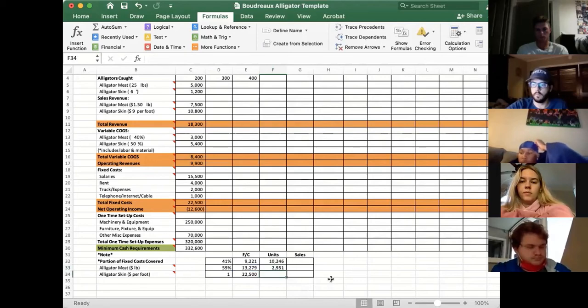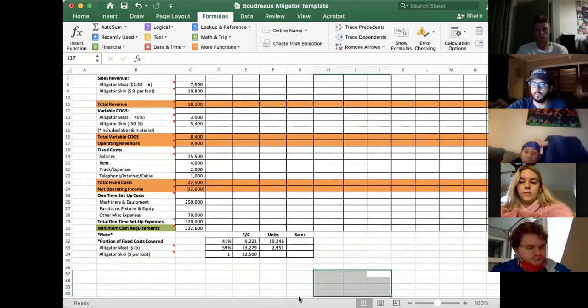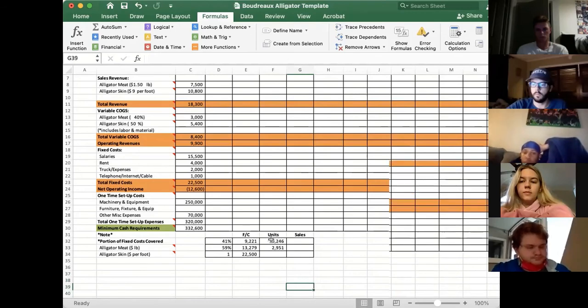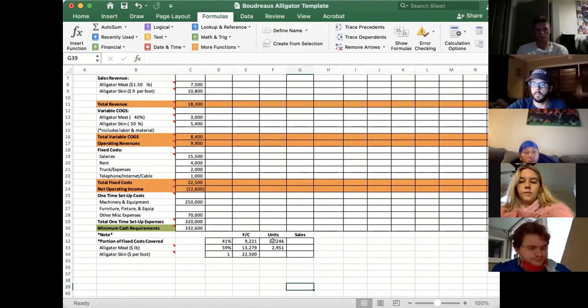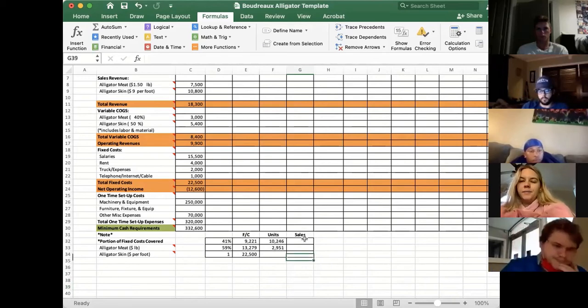So now what we do is we know that when we have approximately 10,000 units of alligator meat and 2,900 of alligator skins, we're close to break even.